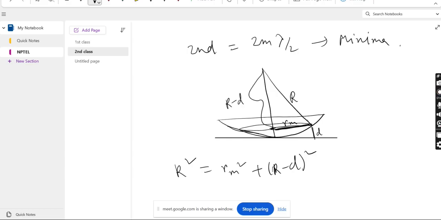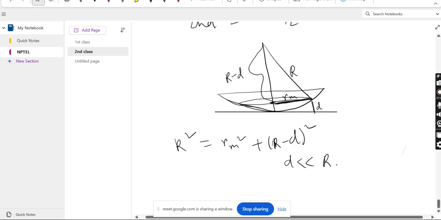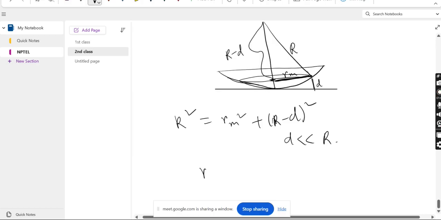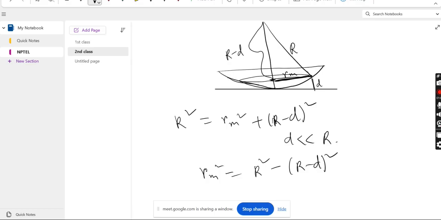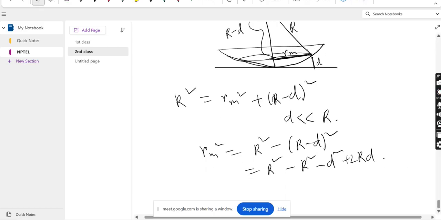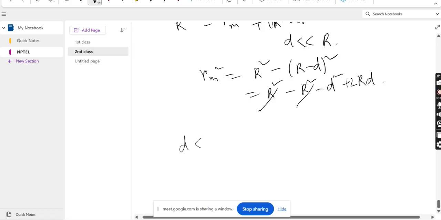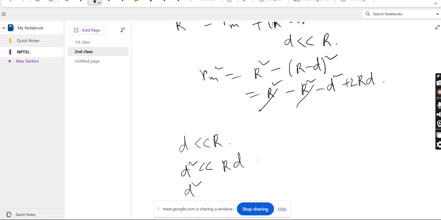Although I have drawn t large here, actually in the Newton's ring experiment, t is very, very small compared to R. So t square is very small when compared to Rt, so it would be equivalent to 2Rt.